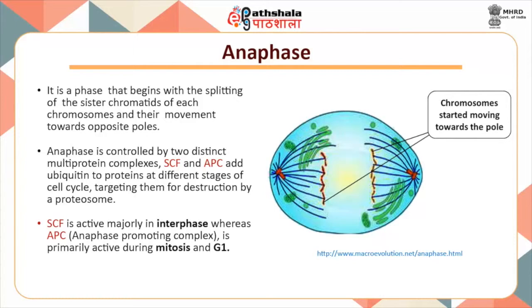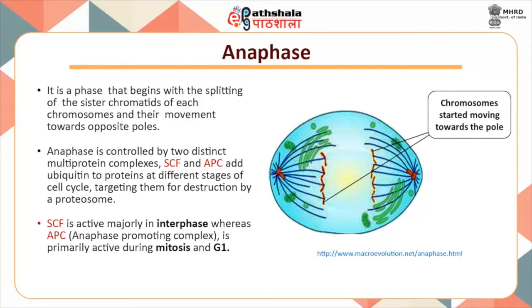SCF, known as the SKP-cullin-F-box containing complex, is mainly active during interphase, and APC, known as the anaphase promoting complex, is primarily active during mitosis.